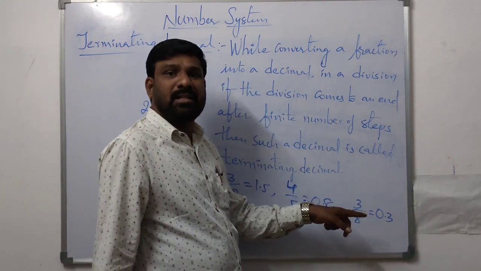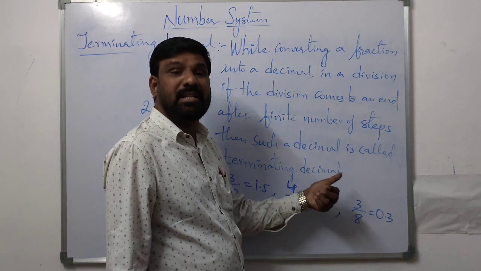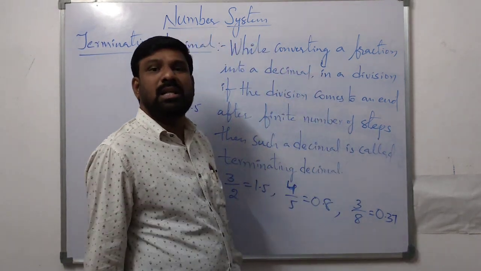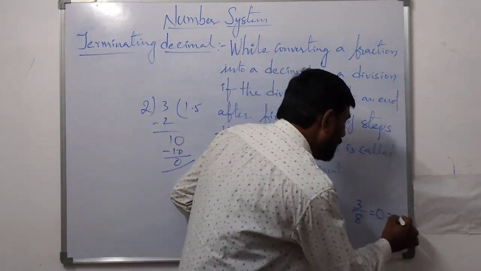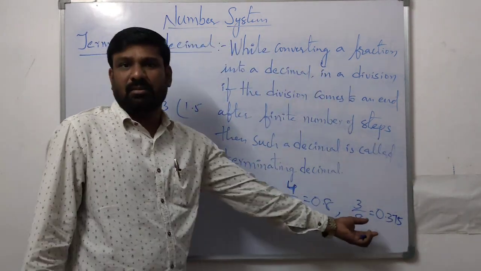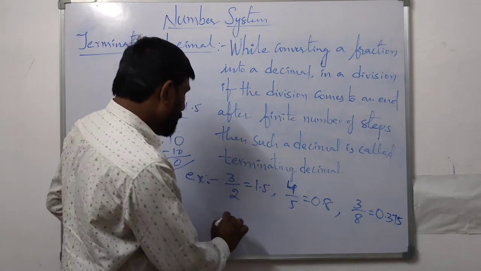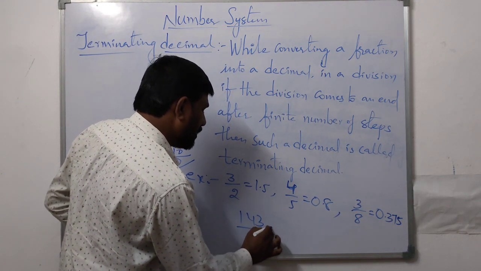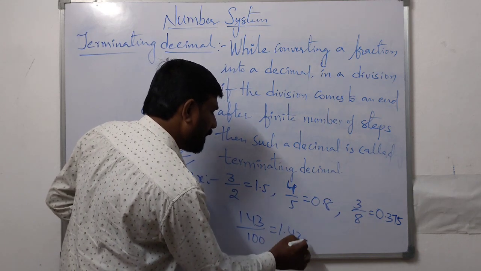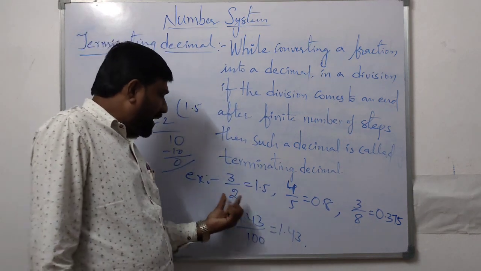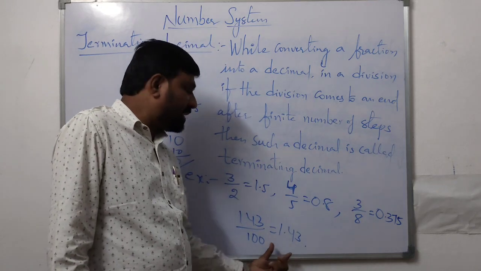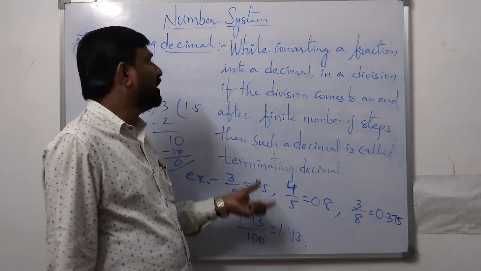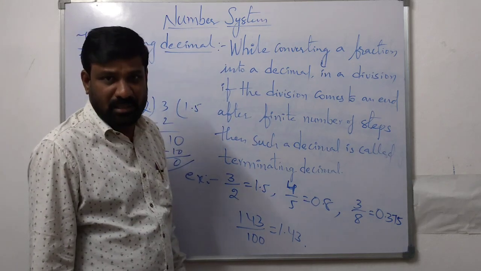So what is the remainder? 6, so 60. 8 7s are 56. Now what is left? 4, so 40, and 8 5s are 40. Like this, we have an end point. Suppose here 143 by 100, you will get 1.43. So these types of decimals which have an end point are called terminating decimals.